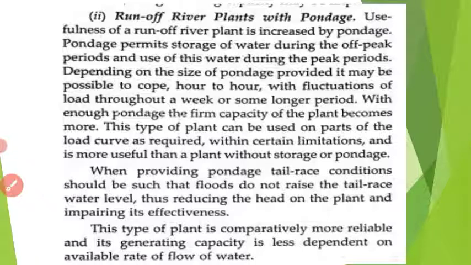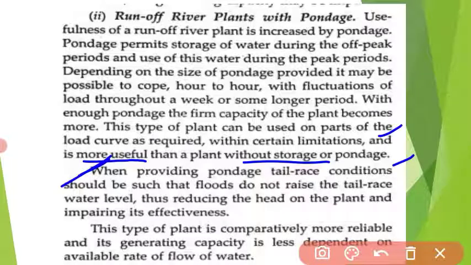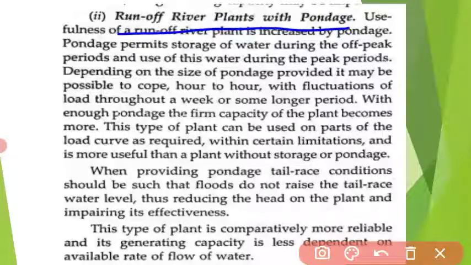The next power plant I am going to discuss is the run-off river plant with pondage. The name also indicates that the water is stored in a small pondage. Pondage permits storing water during the off-peak period and using this water during the peak period.